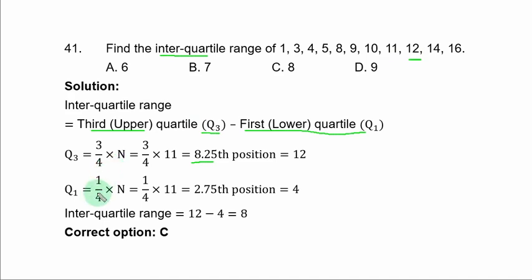For Q1, you have 1 over 4 times 11, that is 2.75. So after the 2nd position, you shift to the 3rd position and you have 4 there. So therefore, interquartile range is simply 12 minus 4 equal to 8. C is the correct option.